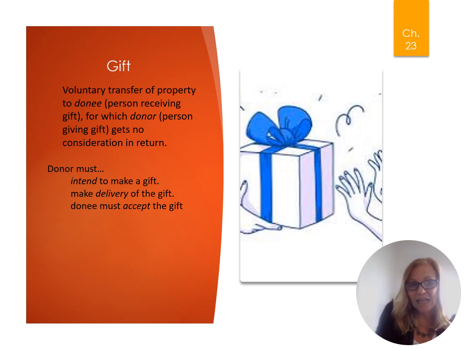The three elements you need are an intent by the donor, an acceptance by the donee, and a delivery by the donor. As soon as you have all three of those, that gift or piece of property is now owned by the donee and can't be taken back.